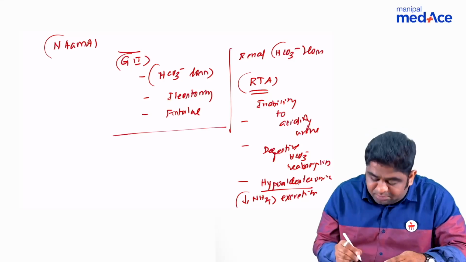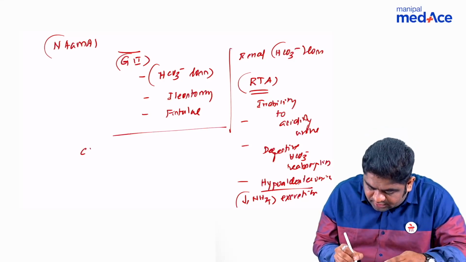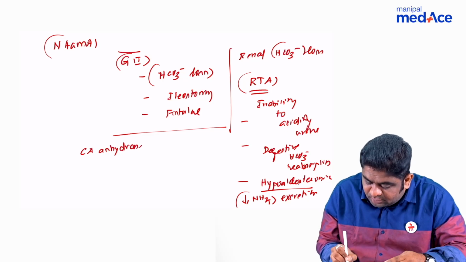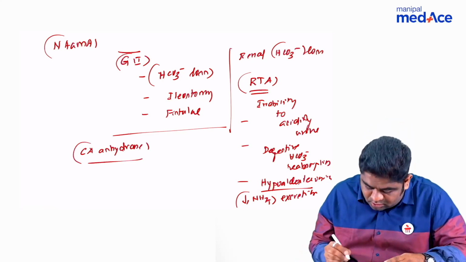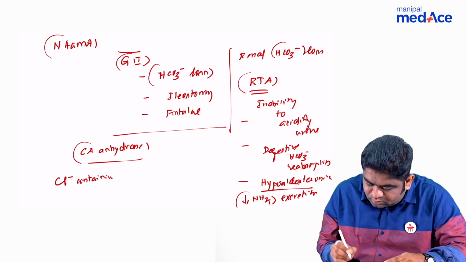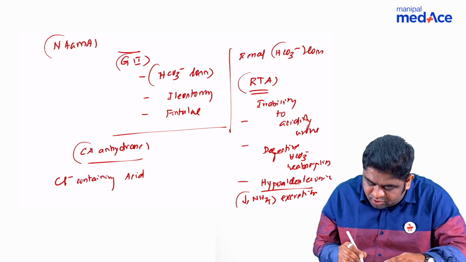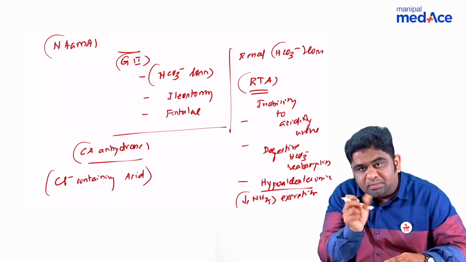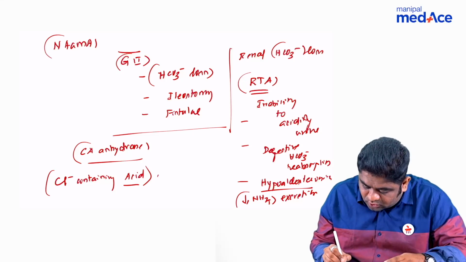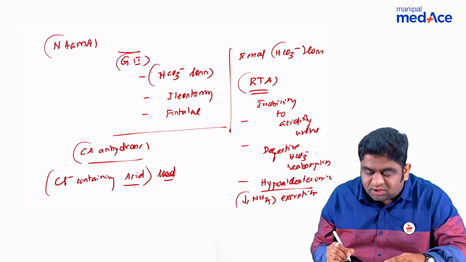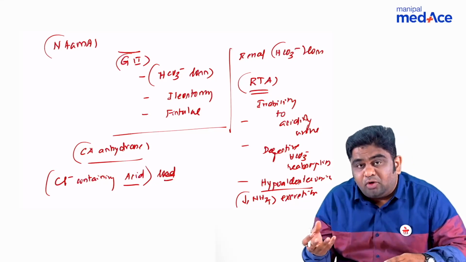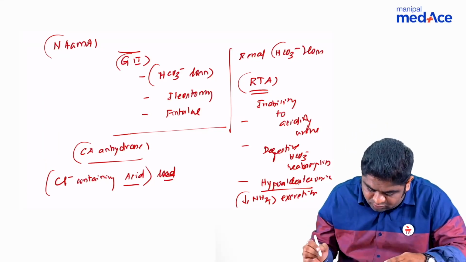Apart from them, NAGMA can be found in case of carbonic anhydrase inhibitors like acetazolamide. Then you can also have chloride containing acid load, which can lead to NAGMA, because chloride becomes a part of the anion gap calculation. So whenever you have acid which is because of chloride, then it can also cause NAGMA only. For example, if a patient is having hyperchloremic acidosis, or when a patient is being given ammonium chloride, in those conditions also you can have NAGMA.